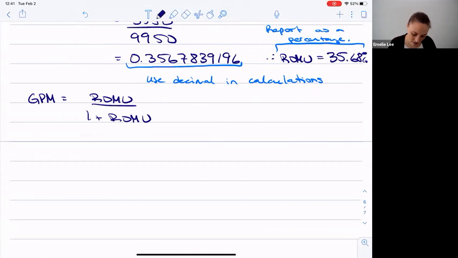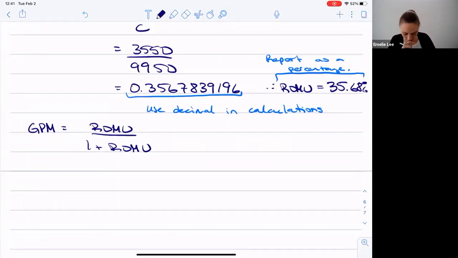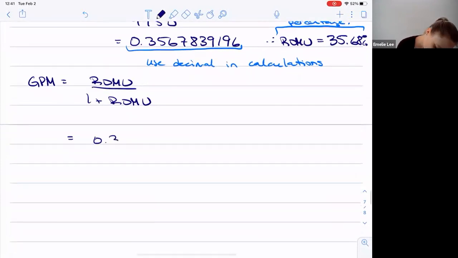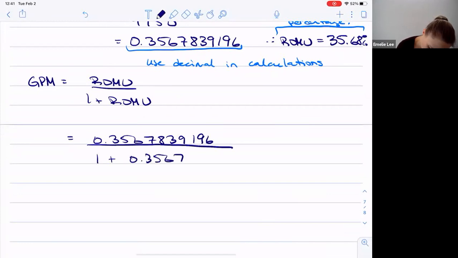I'll write it out first: 0.356783919 over 1 plus 0.356783919. Store in calculator.